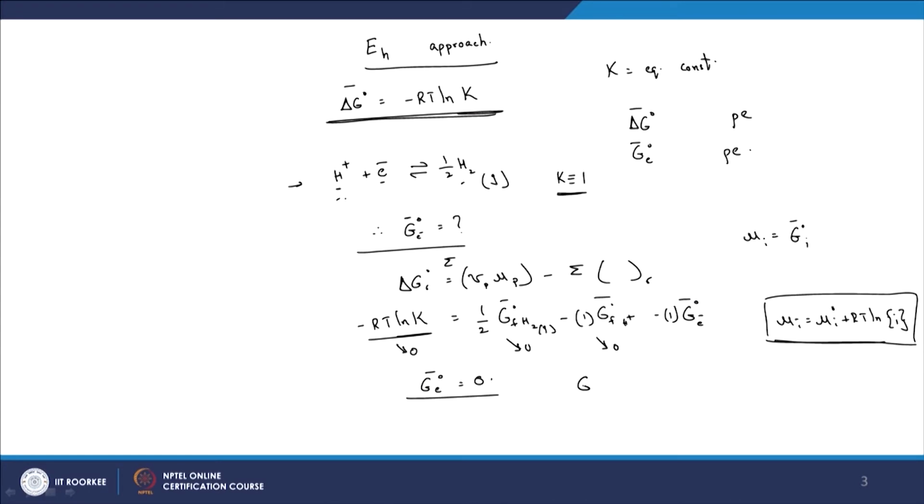So, if I apply this out here, the molar Gibbs energy of the particular electron, but no more at the standard condition, will be equal to that at the standard condition plus RT natural logarithm of activity of the electron, right. As we just looked at, this particular value is equal to 0.